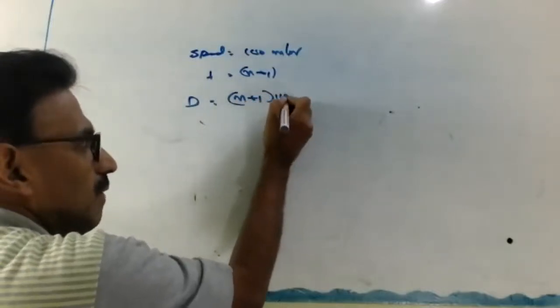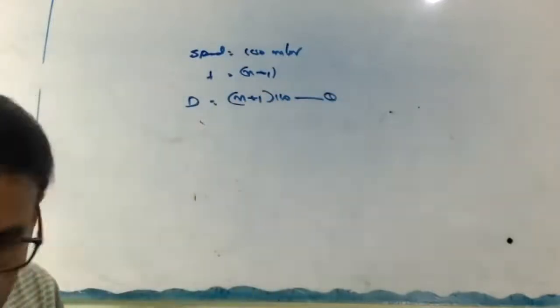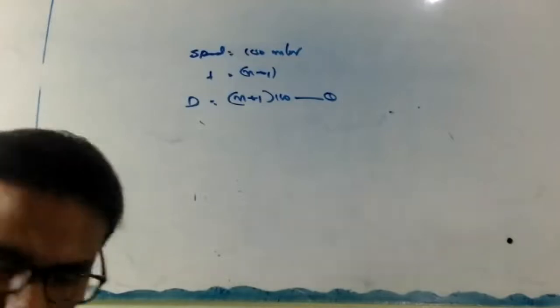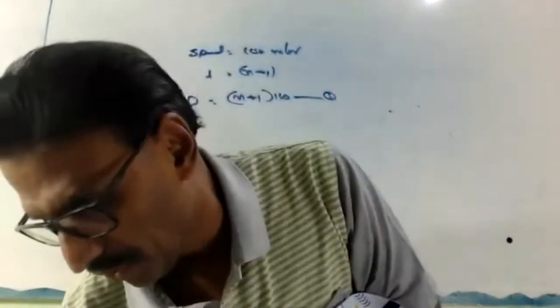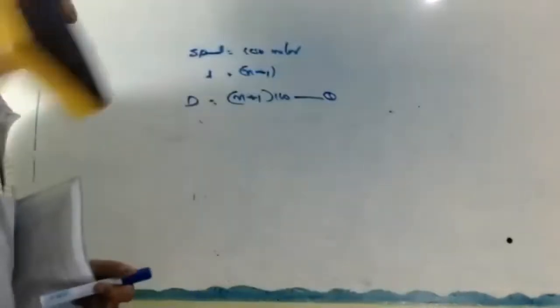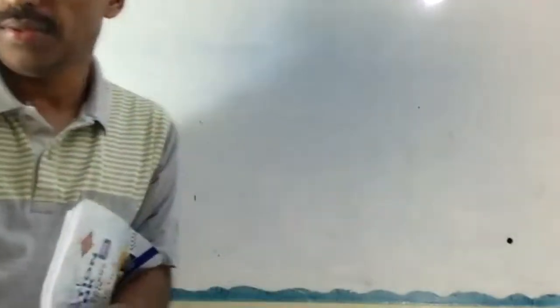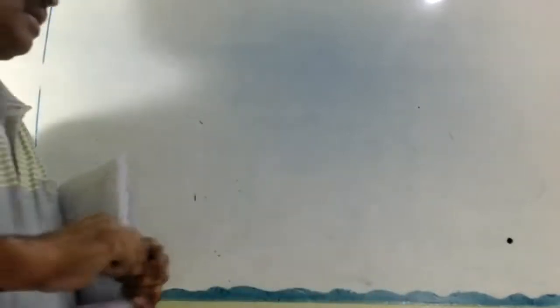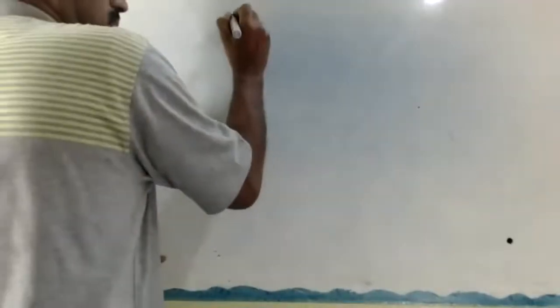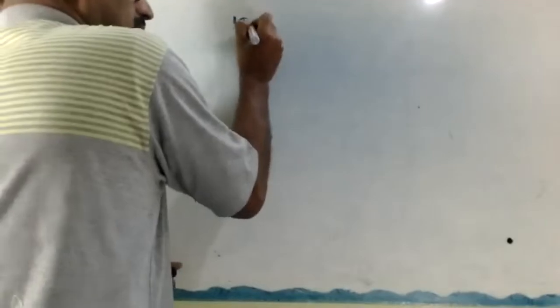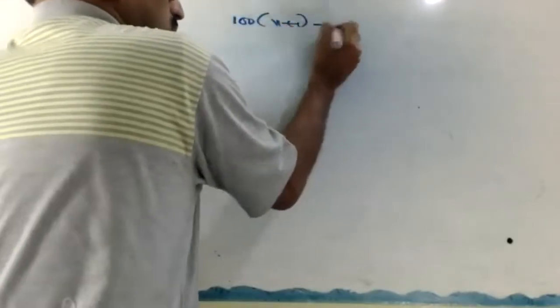Call it number 1. Distance traveled by the thief equals 100 into n plus 1. This is called number 1.